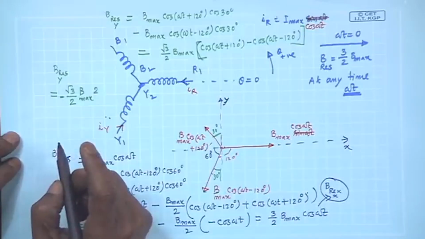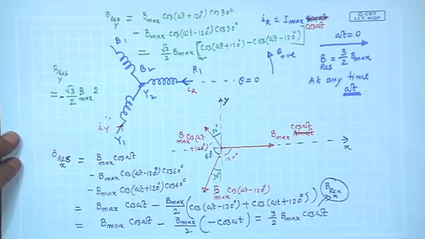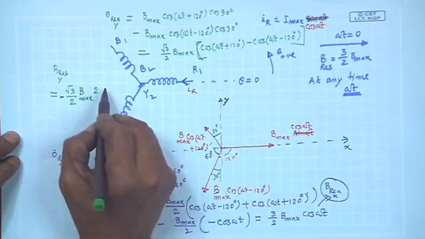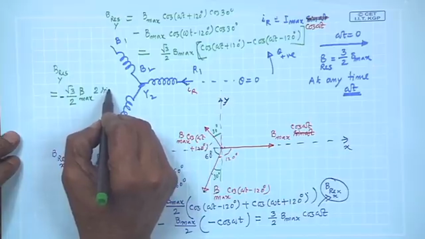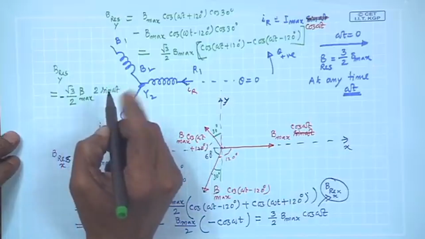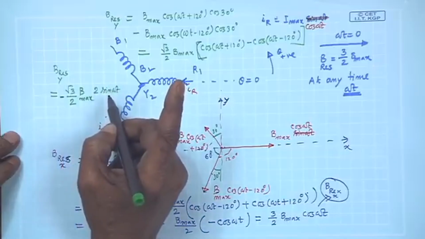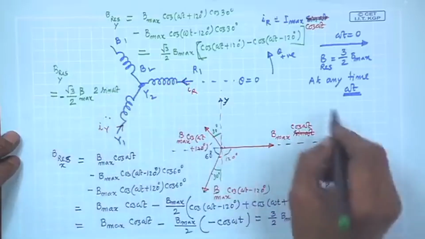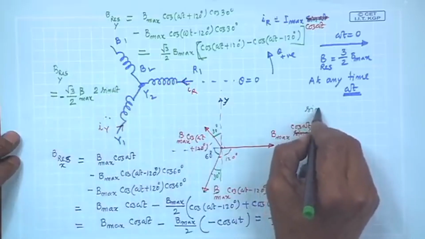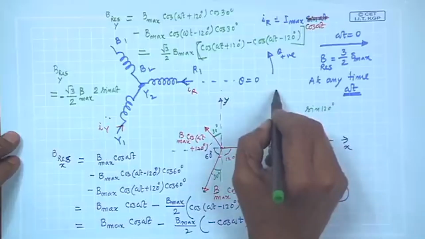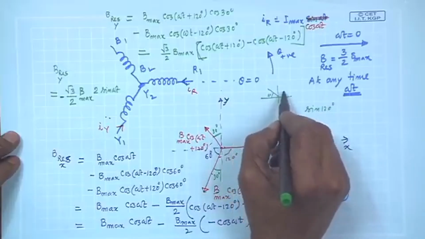So, sin 120 degree is how much? Sin 60 degree. So, 2 sin A and sin 120 degree, which is 60 degree plus all sin.